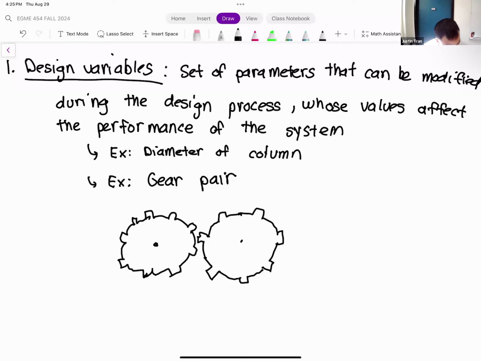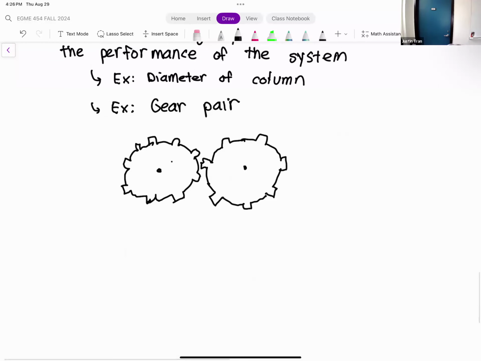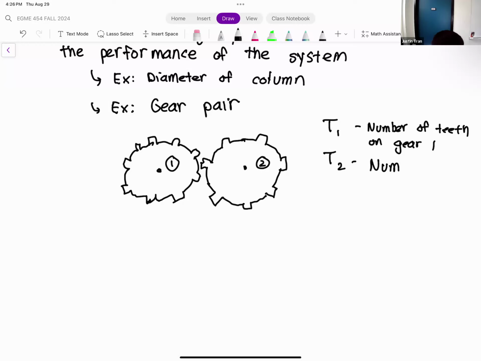Two gears next to each other, right? So let's say that this gear pair, even though it looks simple, has a lot of parameters that actually govern its behavior, its performance. We call this one gear one, and this one gear two. One parameter is simply the number of teeth on the gears. So T1 could be the number of teeth on gear one, and T2 the number of teeth on gear two.